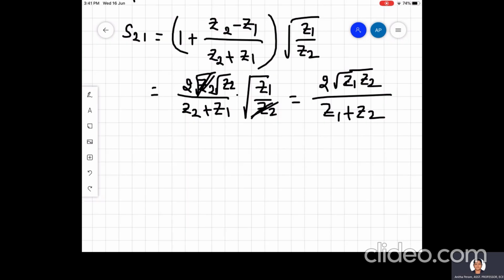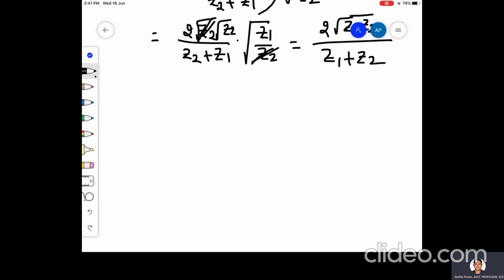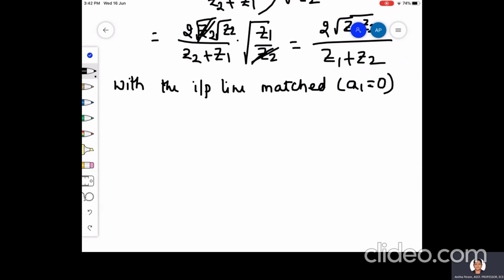In the same manner, you can determine S12. So with the input line matched, that means A1 we are considering as 0. You can determine by substituting A1 as 0 into the above equation. You will get B2 as S21 A1 (0) plus S22 A2, so S22 A2, due to different impedances at the ports.